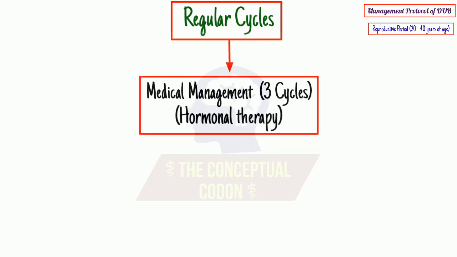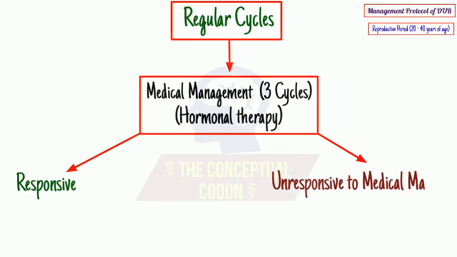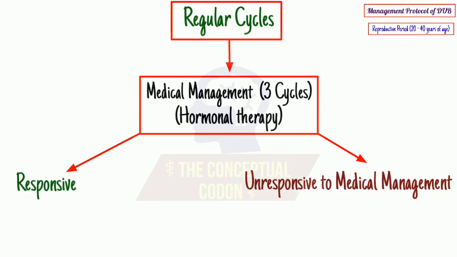After giving 3 cycles of medical management, we should see whether the patient is responding to the medical management or not. If the result is responsive, then follow up should be done.